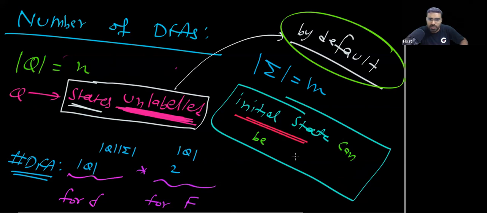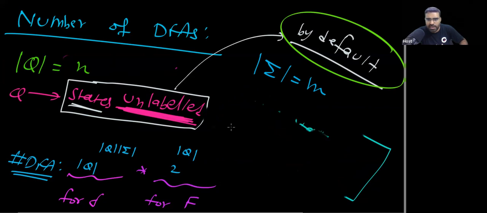So the initial state does not play any role here. You can choose any one of them as the initial state. But tell me, will the final state matter if your states are unlabeled?